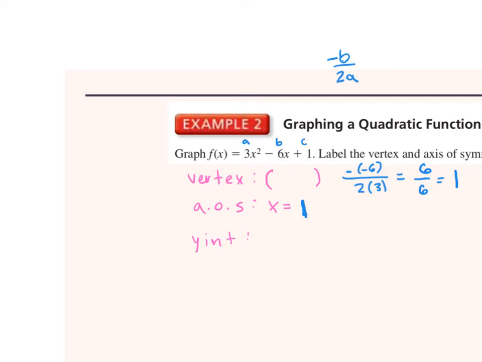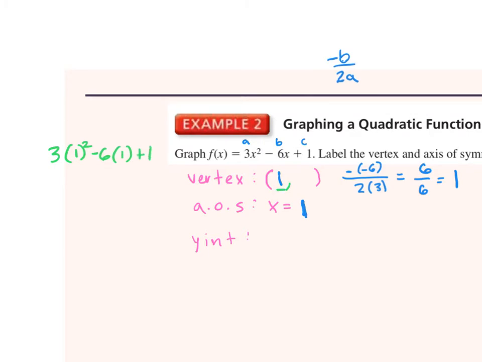What is our first value in our vertex going to be? 1. It's the same thing as our axis of symmetry. And then to find our y value in our vertex, we need to take our x value and plug it into all the x's in our function. So we have 3 times 1 squared minus 6 times 1 plus 1.